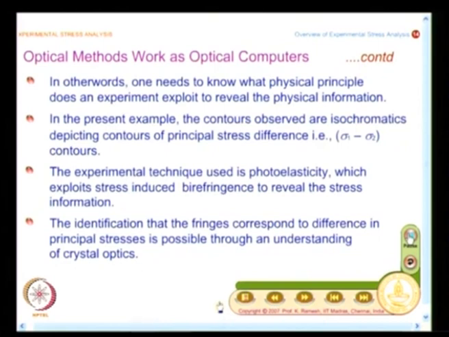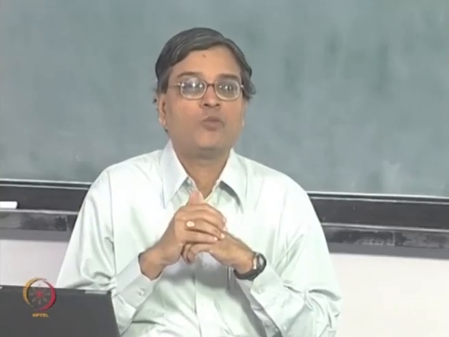Currently, the interest is to focus, when you look at any experimental technique, on understanding the physics behind it, and physics would be different for different techniques. Only if you know the physics, you would be able to interpret. Getting colored contours is very nice, but the experiment does not stop there. After getting the colored contours, you should know how to interpret them.